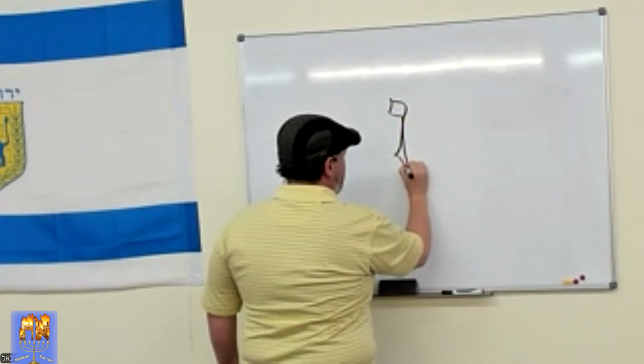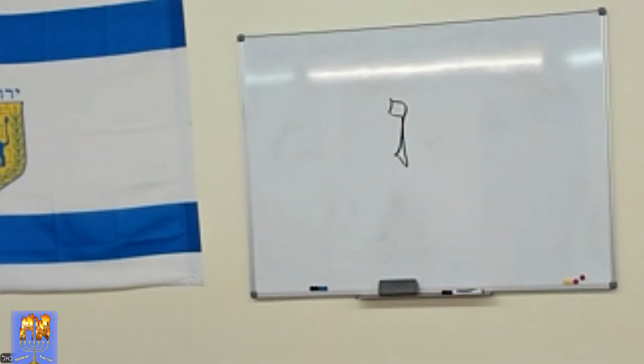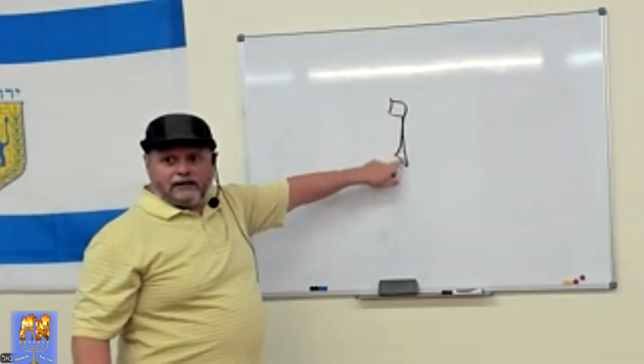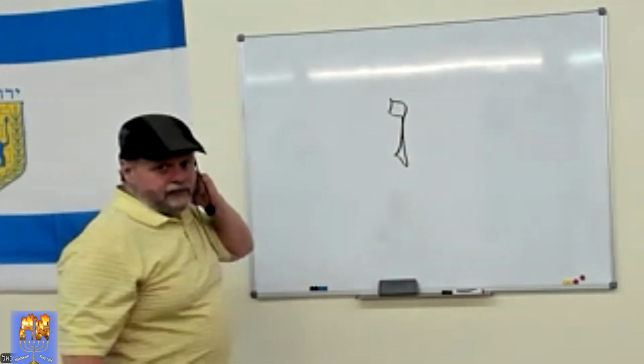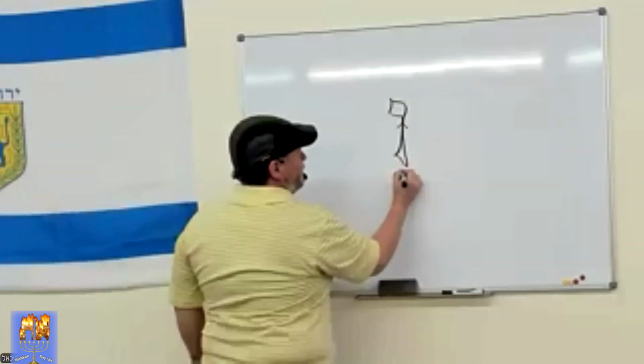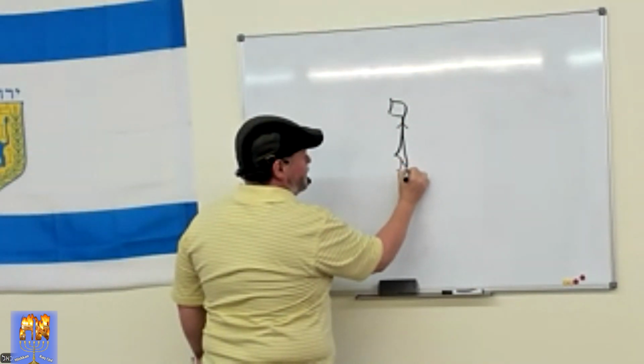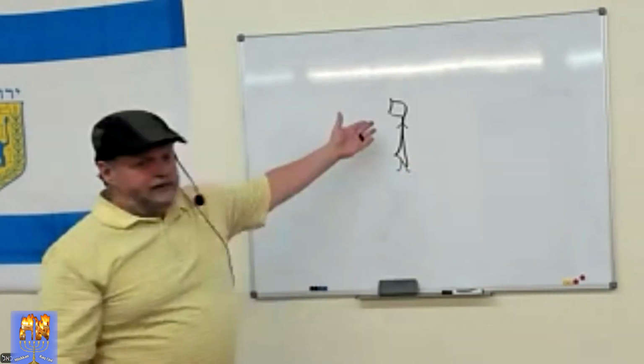And this is our friend, the vav. See, he's a little guy. He's got a little head up here and his little legs sticking down. He's got a little arm here and a little arm there, and a couple little legs down here. That's our friend the vav.